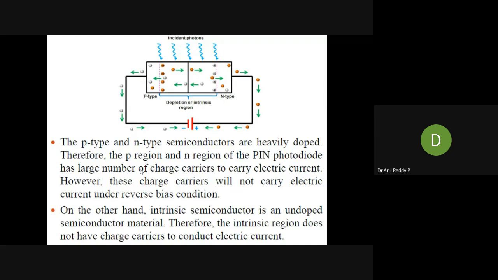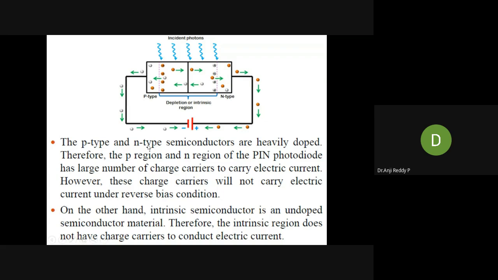If N type is heavily doped, it has more electrons as charge carriers. The P type and N type semiconductors are heavily doped. Therefore, the P region and N region of the PIN photodiode have a large number of charge carriers to carry electric current.